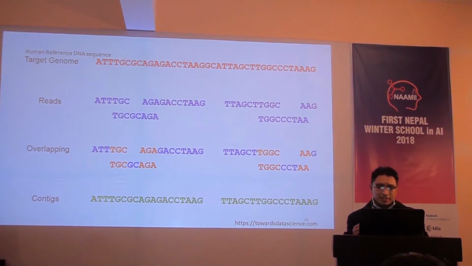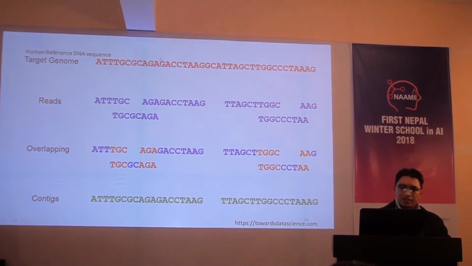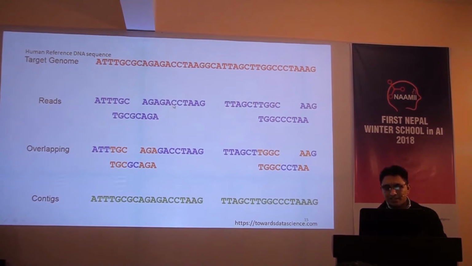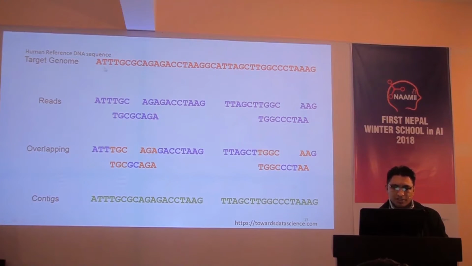Okay, so this is just what I was talking about. This is the reference human DNA, and these are all the reads that we obtain from the DNA sequencer. This fragment has A, T, T, T, G, C, and this fragment has A, G, A, G, A, C, C, T, A, A, G. These fragments we can then align back into our target genome.